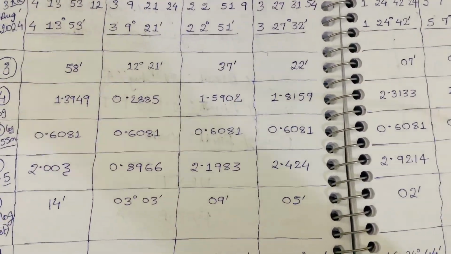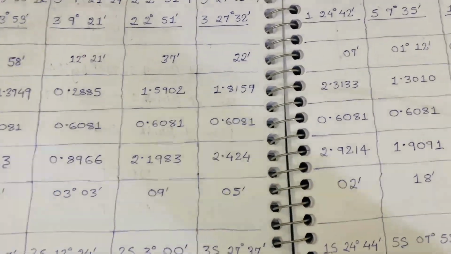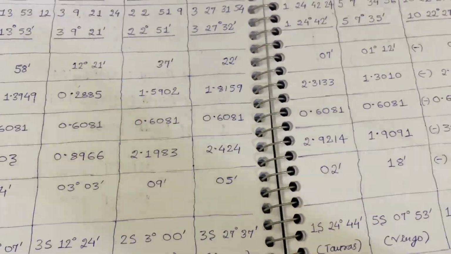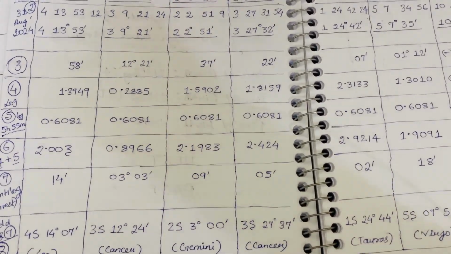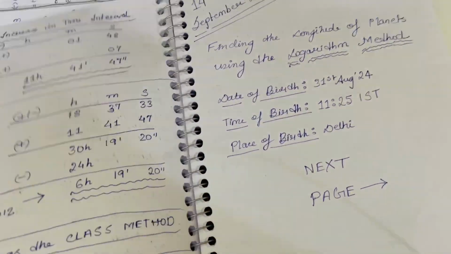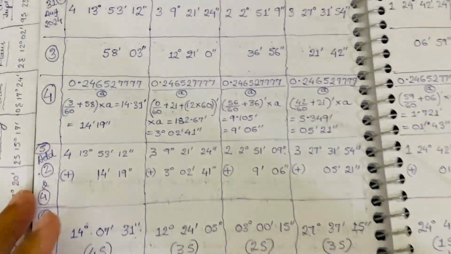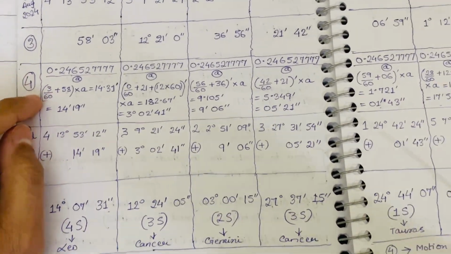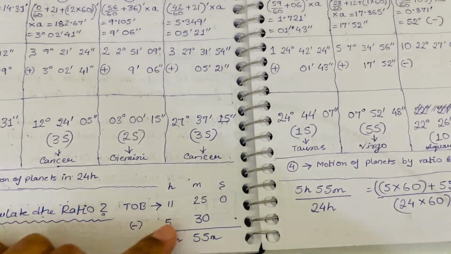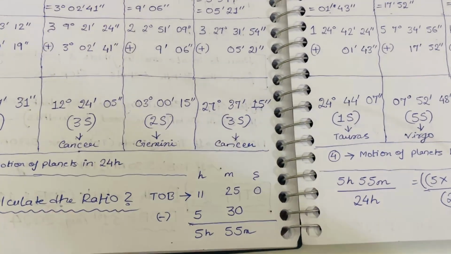In step 5, the daily motion, that was our numerator value in the last class, when we were calculating the ratio. Let's go to that particular page so that you don't have any confusion, so that you are absolutely aligned with whatever I'm talking. In the first step of calculating the ratio, that was our numerator value.